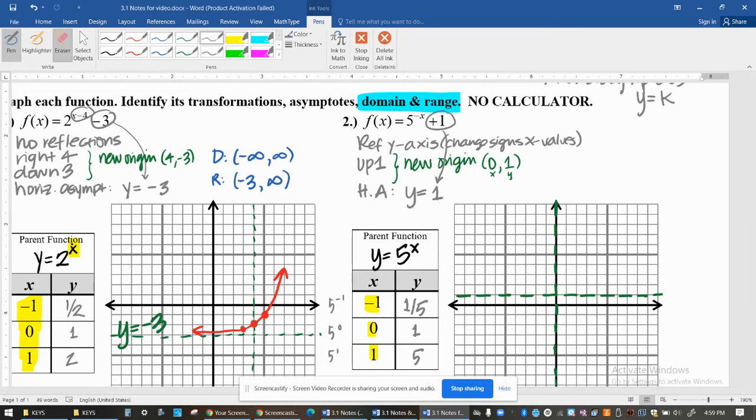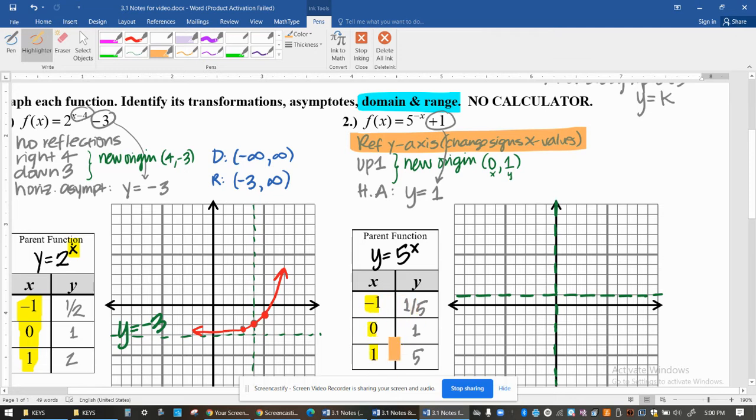After you do that, you need to make sure you don't forget, and this is really important, any reflections. I'm going to highlight it because this is one thing a lot of students forget to do. Remember, this was reflected, so I'm not going to plot the points I have right now in my table. I need to change the signs for the x values first.